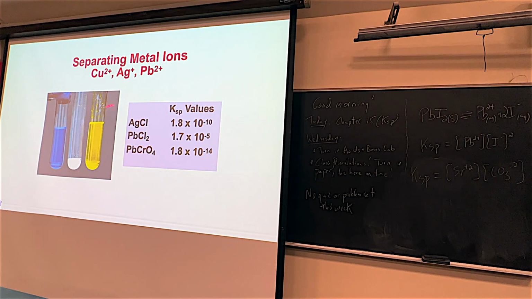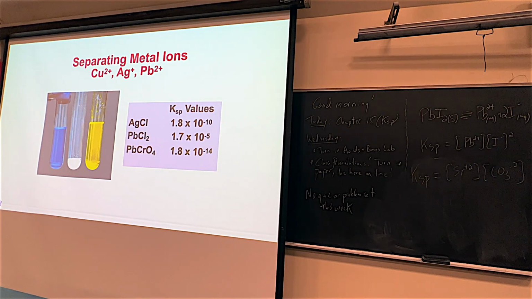Chromate with lead makes a really cool yellow color, and we'll see this yellow color in a future lab. If you add chromate to silver, it makes kind of a red color. The only thing I would have done differently on this lab is add some chromate to the silver, just to make sure you see the red silver chromate color and not the yellow, but no big deal. Either way, by using these differences in solubility, you can separate copper, silver, and lead from each other.